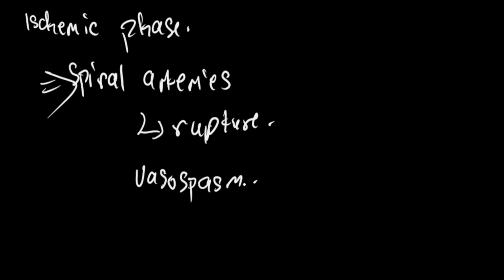Vasospasm is just a fancy word for contraction. It's a spasm, so it's not a regular contraction, kind of like a muscle spasm. This vasospasm causes the spiral arteries that supply the endometrium to rupture. And what does that mean?